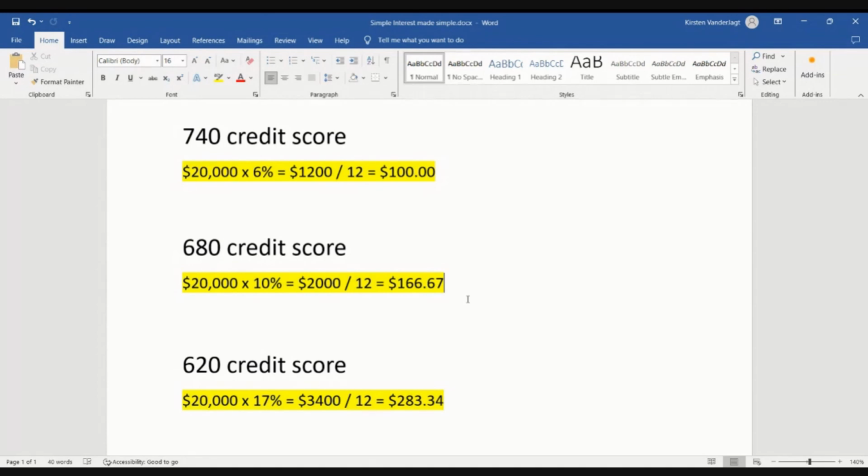So if I'm only having to pay $100 a month as compared to $166 a month, that's quite a bit of savings over 12 months, because it's $66 for 12 months that I'm paying extra. So yeah, it's about an $800 difference per year, $66 per month.